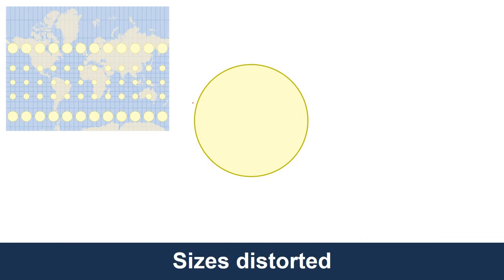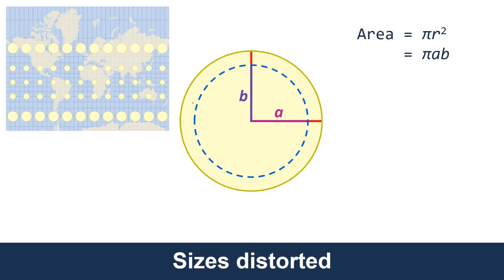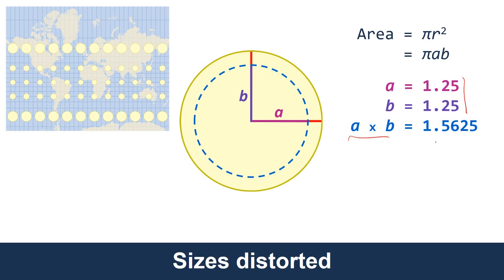So with this Mercator projection, if we look at our Tissot's indicatrices again, where we have A and B and the same formula for area, what's happening now is that the circles are actually stretching, but they're still staying as circles. So A and B are both greater than 1 because they're bigger than they were on the reference globe, but they're equal to one another. So A times B equals something greater than 1.